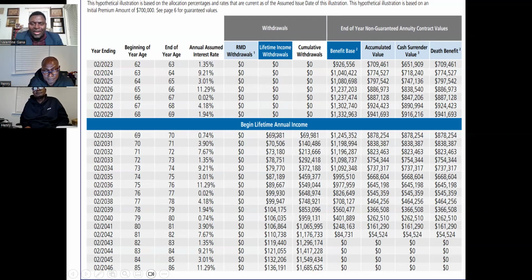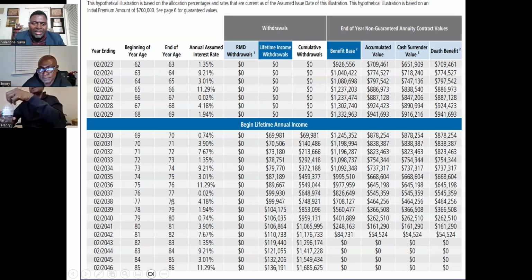However, when they start collecting, there's still a death benefit. Okay. So it's not like if they collect for 1 year and they die, everything goes. No. When they start collecting, there's a death benefit. You can see here, there's a death benefit right here. But the death benefit decreases as they collect.